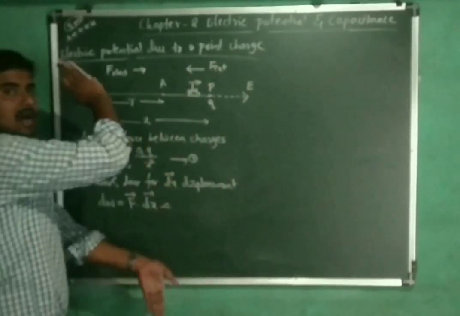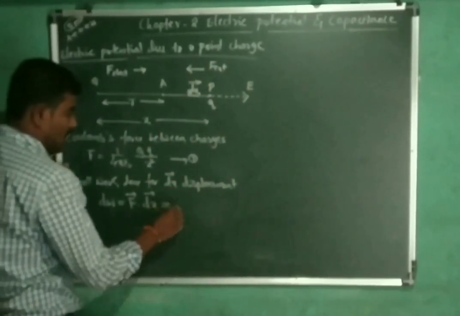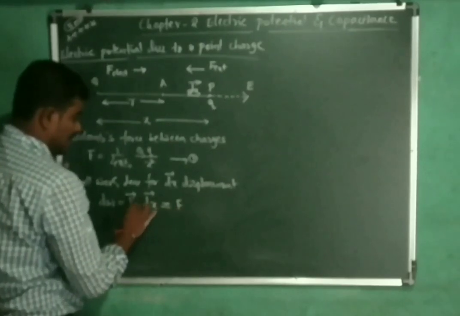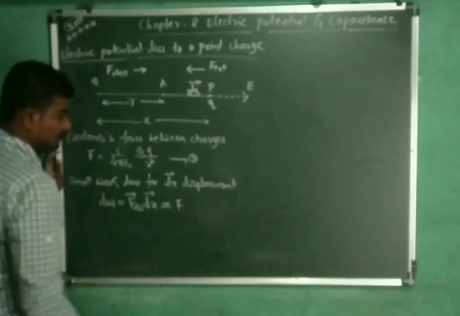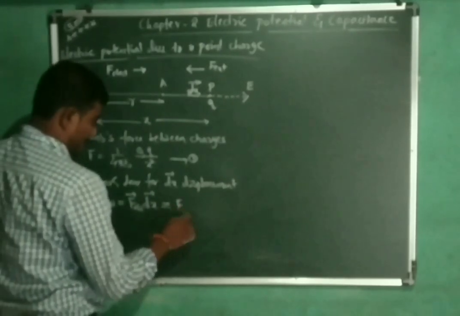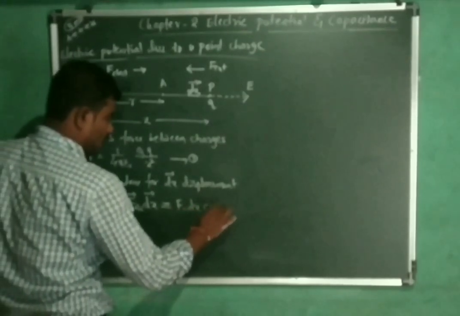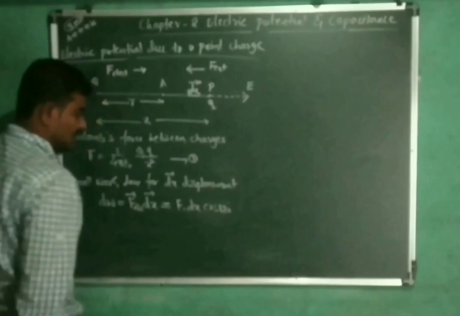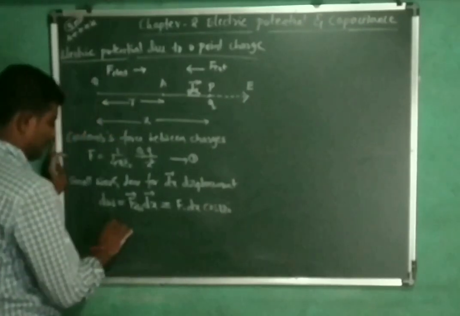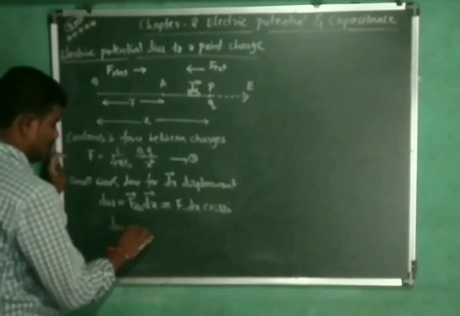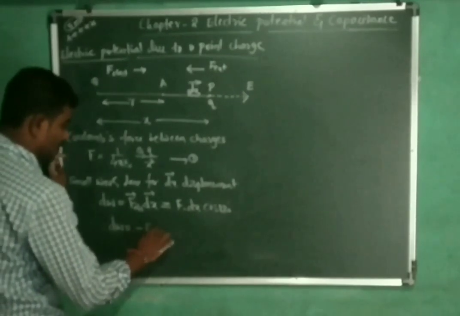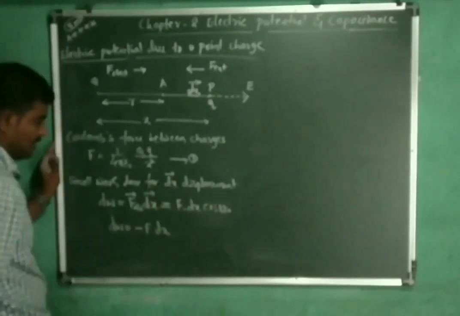Both are opposite to each other, therefore it is 180 degrees. So F dx cos 180 degrees, and cos 180 is how much? It is -1. Therefore dw is equal to minus F into dx.